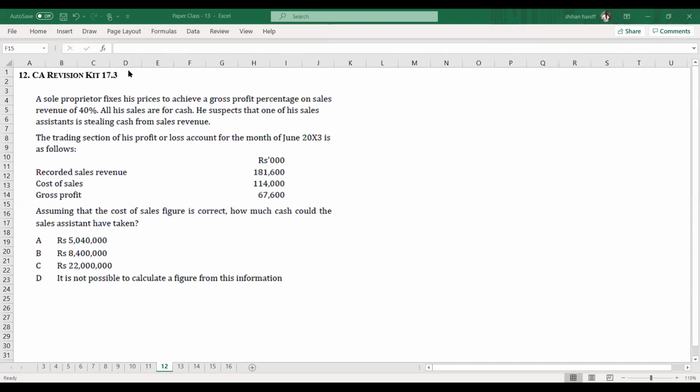He suspects that one of his sales assistants is stealing cash from sales revenue. Recorded sales revenue, cost of sales, gross profit, assuming that the cost of sales figure is correct. How much cash could the sales assistant have taken?